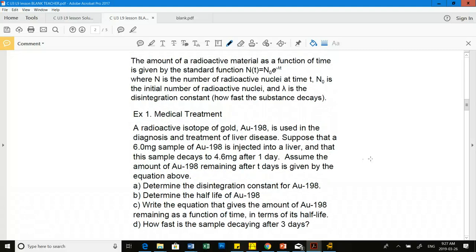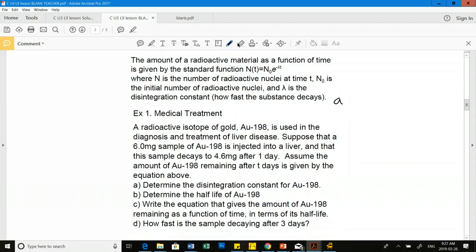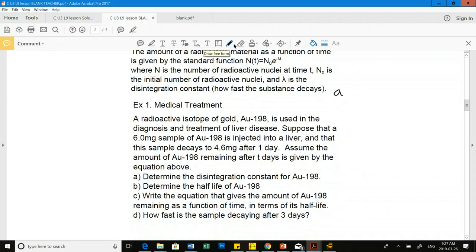Okay, so we're using this formula N at t. Okay, let's just plug in what we know from our equation right now.